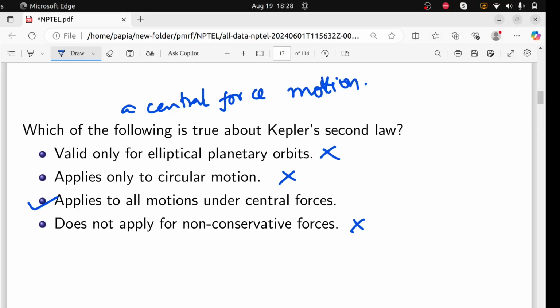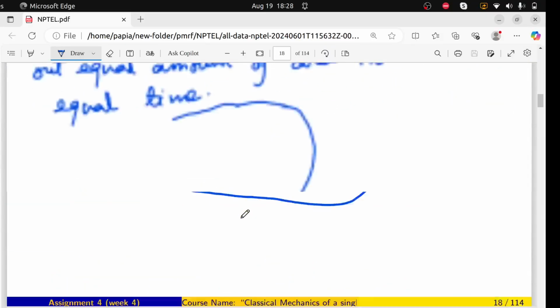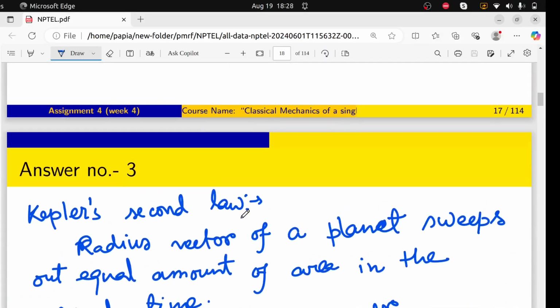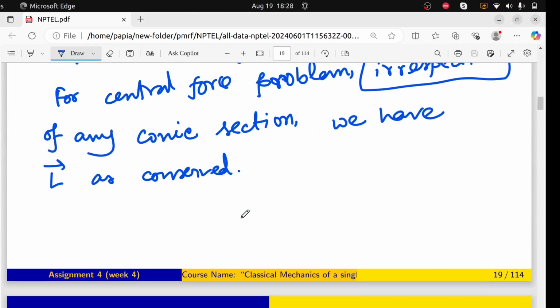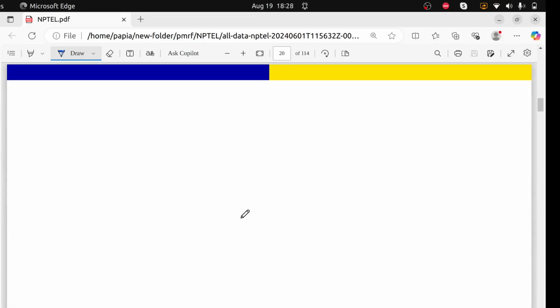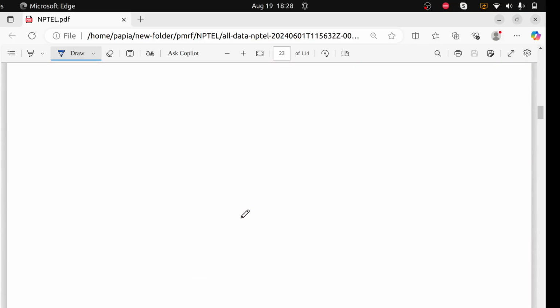This is needed for having Kepler's second law. So this is the question's answer. This is the third option's answer, right? So to have Kepler's second law, we just need to conserve angular momentum, and for any type of central force problem, we have the conservation of angular momentum. So that's why it is applicable to all the central force problems.